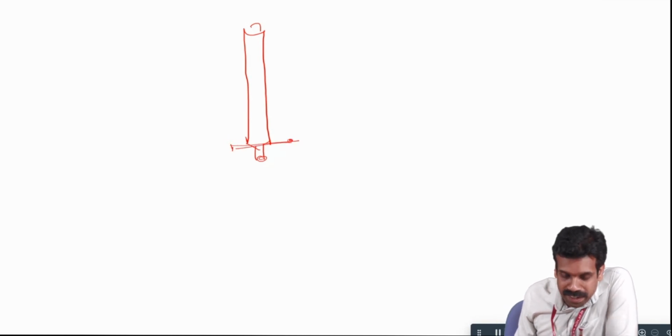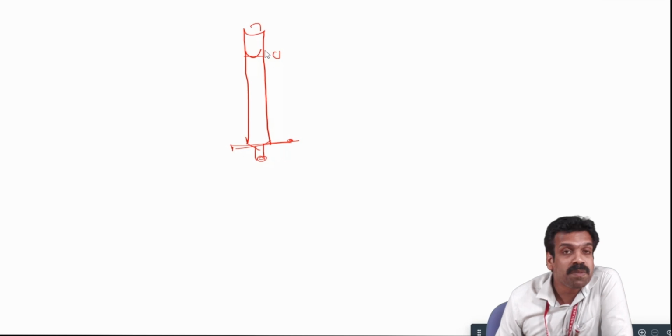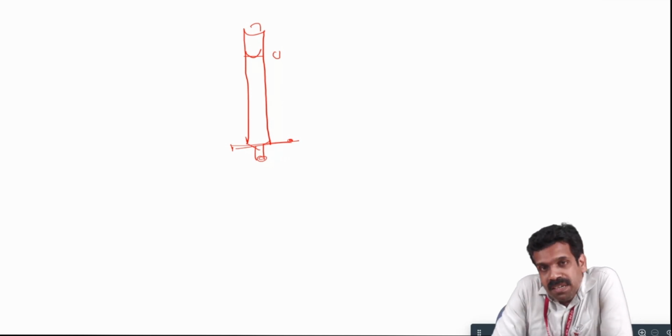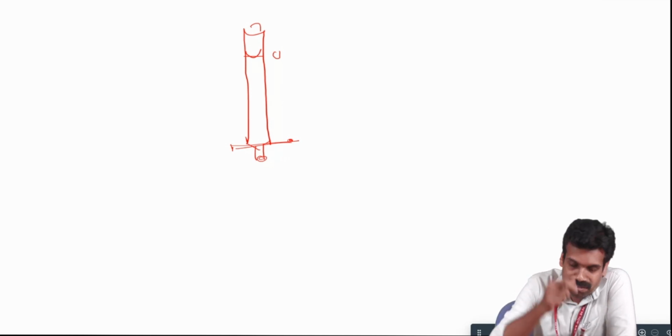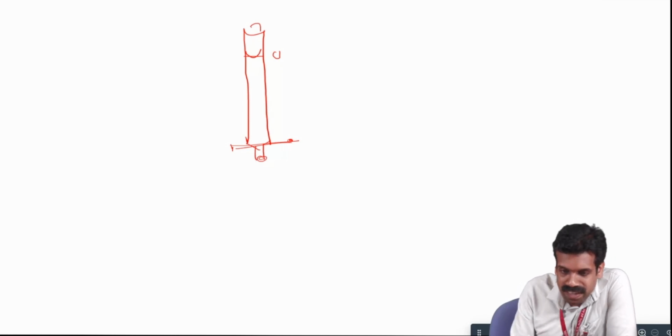Sorry for the inaccurate representation, but I try to draw it at my level best. A burette is a long glass tube which you can see in the laboratory. You always keep it in a burette stand.